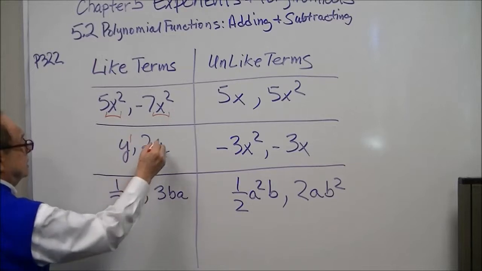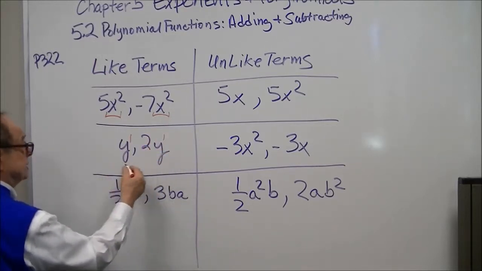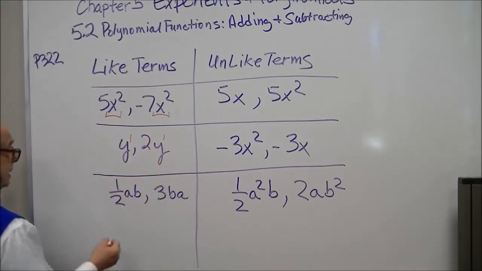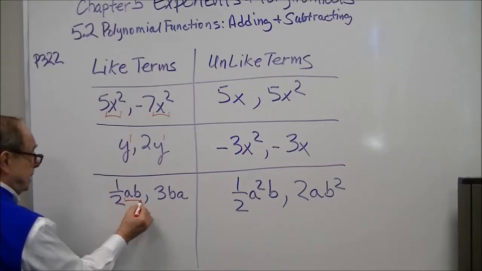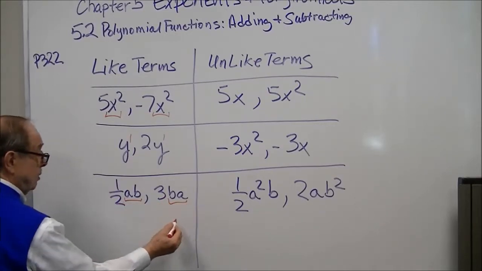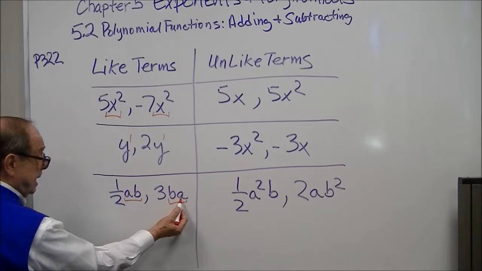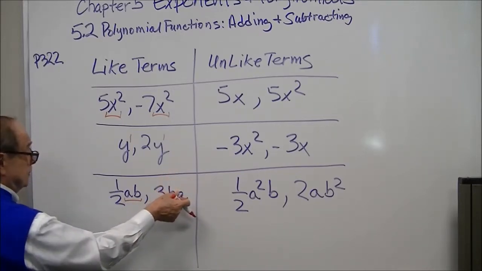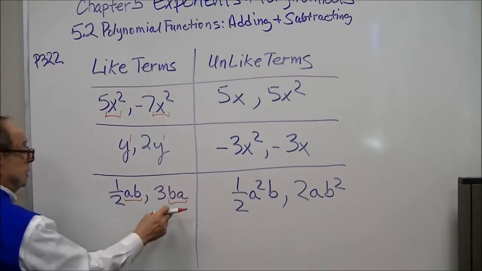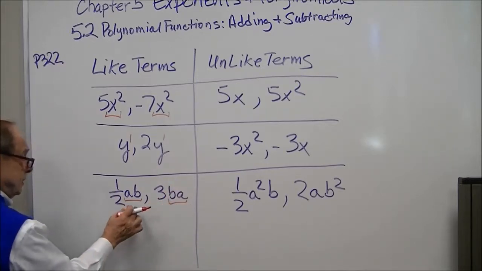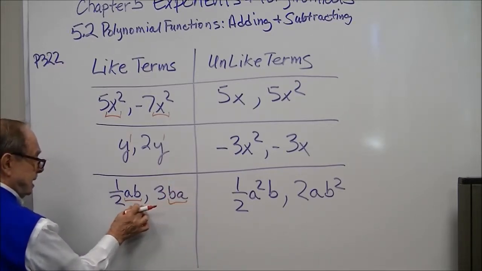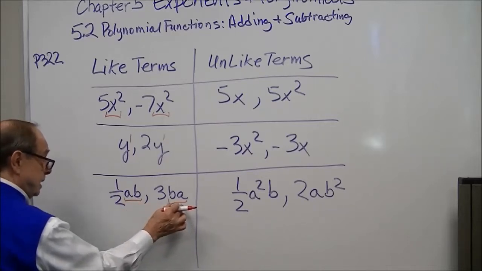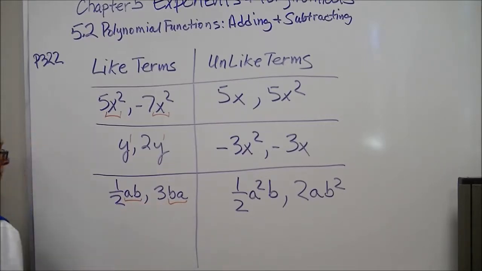Here, this is a 1, this is a 1. These are like terms. Here, this is an AB, this is an AB, or in this case it's a BA, but remember we're allowed to shift those, switch them in position, commutative principle. So even though it's not exactly alike, that's why it is considered a like term.